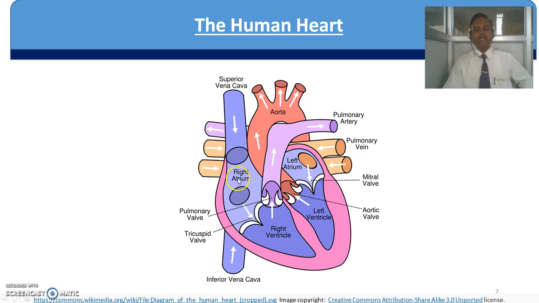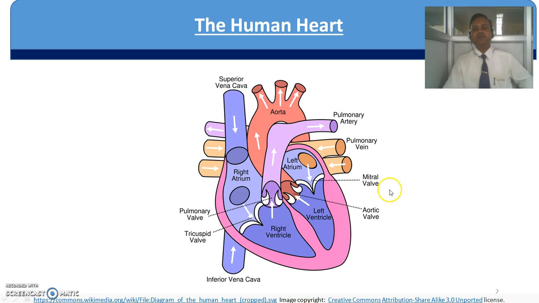Now, from this right atrium, blood is pushed into the right ventricle. And then, for purification or for oxygenation, the blood is carried to the lungs through the pulmonary artery. So, from the right ventricle, the pulmonary artery starts and it takes the blood to the lungs on either side of our body.